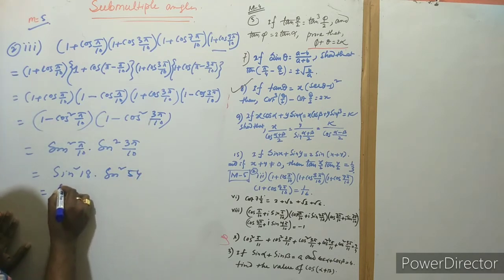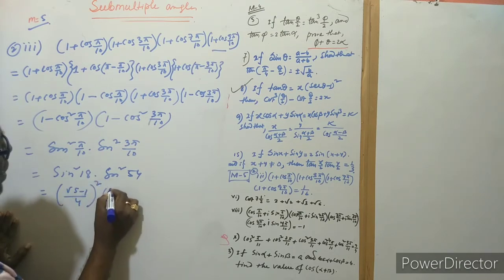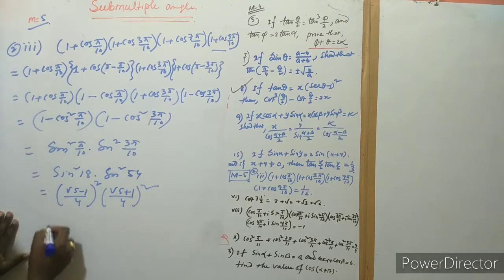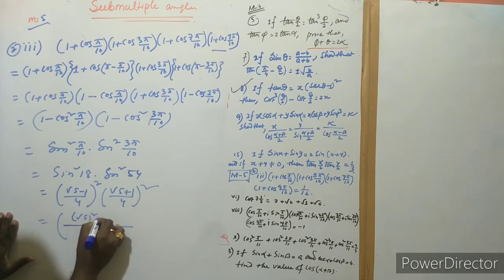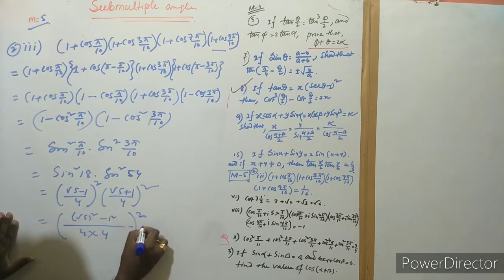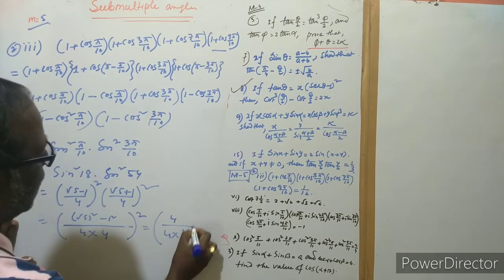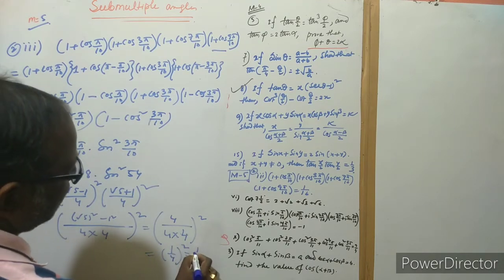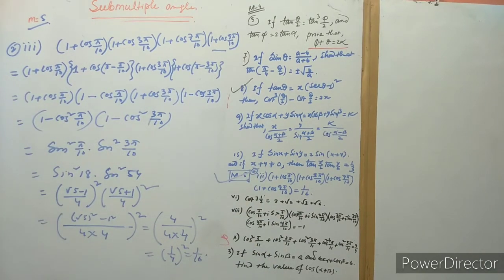The value of sine 18 is (root 5 minus 1) by 4, squared, and the other is (root 5 plus 1) by 4, whole squared. Now 4 fours are 16, and root 5 squared minus 1 squared gives 4, so 4 into 1 by 4, and this is squared. So this is (1 by 4) whole squared, which is 1 by 16. This is done. The answer is 1 by 16.